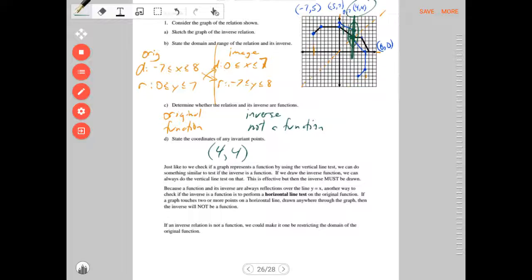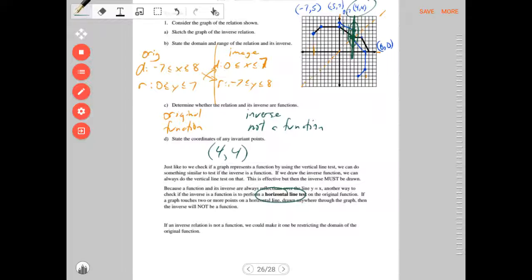However, another way, because the function and its inverse are always reflections over the line y equals x, another way to check if the inverse is a function is to perform a horizontal line test on the original function. If the graph touches two or more points on a horizontal line drawn anywhere through the graph, then the inverse will not be a function.